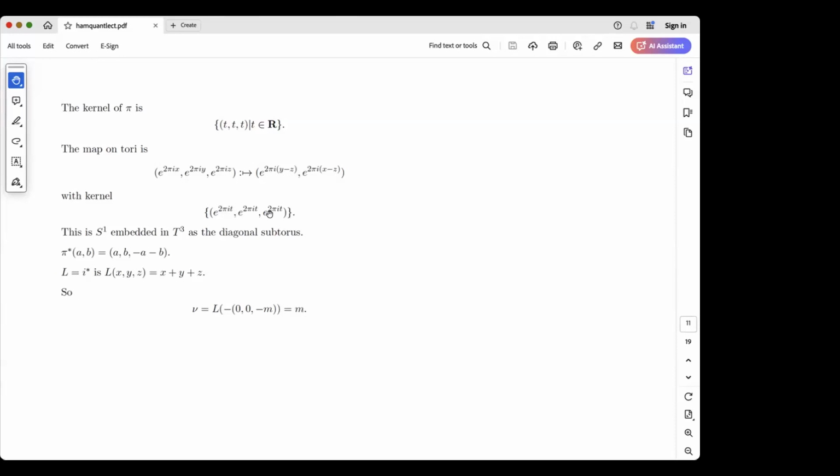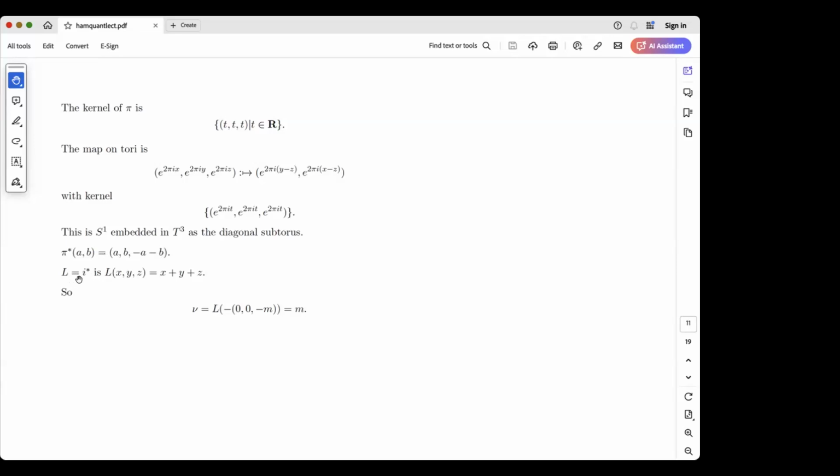So this is just U1 embedded in U1 cubed diagonally. Just the diagonal subtorus. So pi star of a, b is just a, b, minus a, minus b. I'm abusing notation. This is at the level of the Lie algebra.